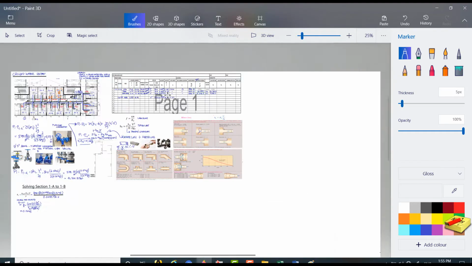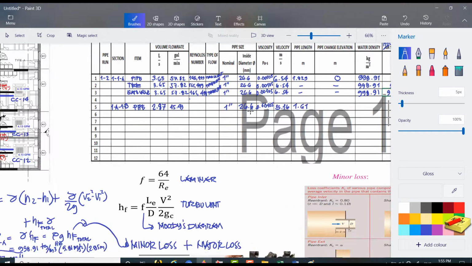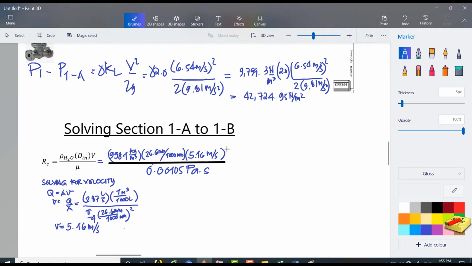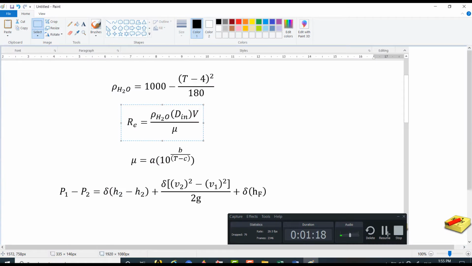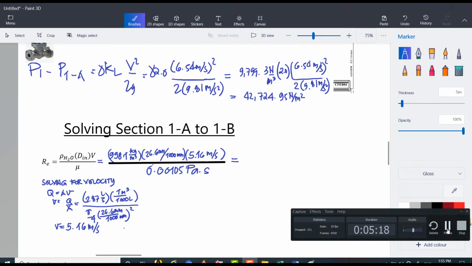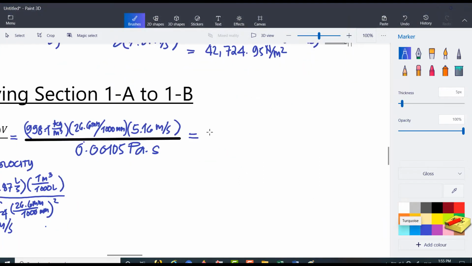Sorry, I was mistaken, it is Pascal second. So we now have the value of your Reynolds number, 130,471.63.